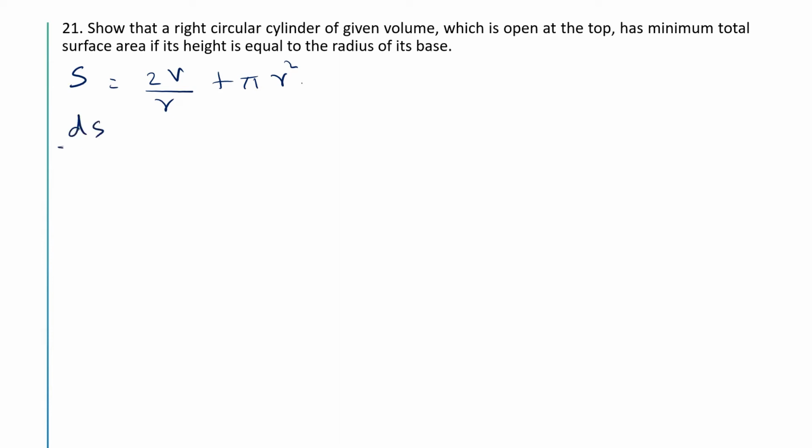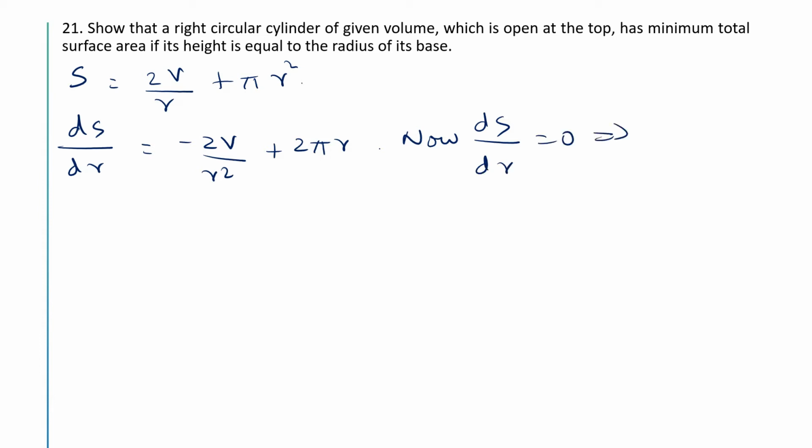So first let us find dS by dR. dS by dR is minus 2V by R square plus 2 pi R. Now we know that at the critical points dS by dR equals 0, which means, so from here we have, now this is 2 pi R. So from this we have, here 2 by R square is common.